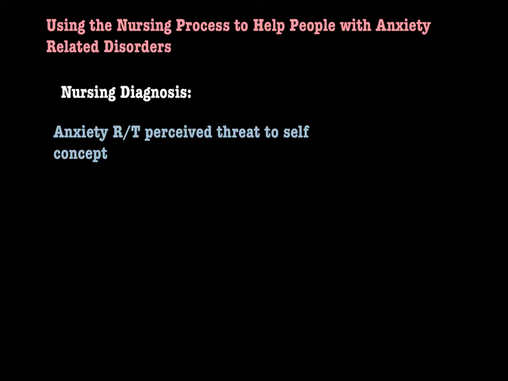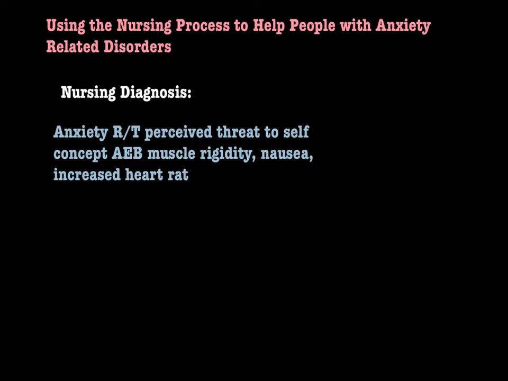Person has a lot of negative self-talk, and we've decided that that's what's causing their anxiety. And then we're going to have our as evidenced by. As evidenced by muscle rigidity, nausea, increased heart rate. So that'll be our nursing diagnosis for that patient.